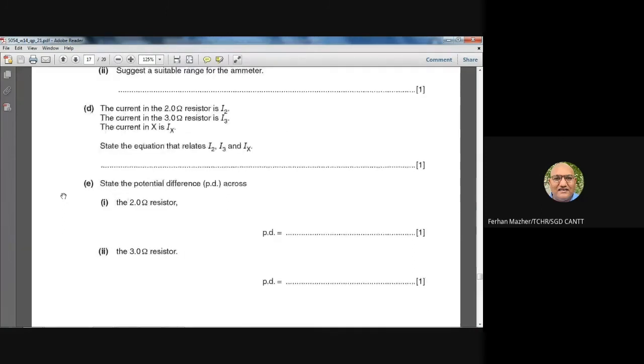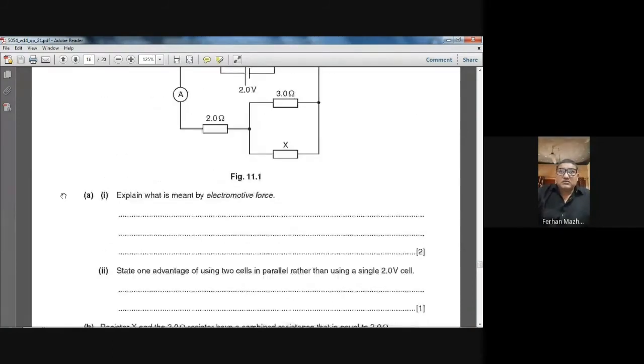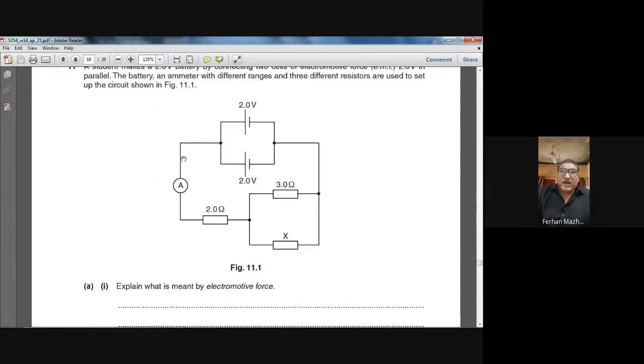The D part is the current. The current in the 2 ohm resistor is I2, the current in the 3 ohm resistor is I3, and the current in the X is IX. State the equation that relates I2, I3, and IX. Let me show you the diagram. So I2 current is coming from the battery and passing through this 2 ohm resistor. Here the current will split.